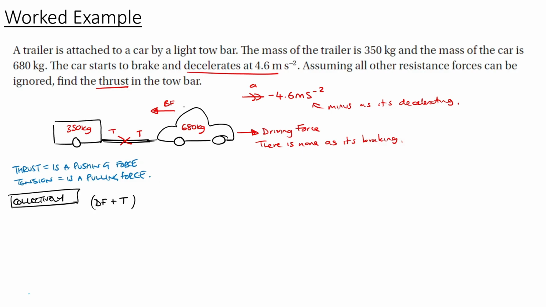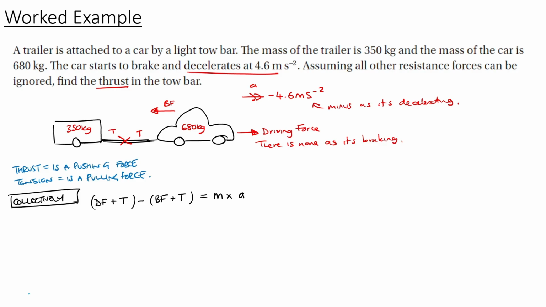So that's the force that's going with acceleration, minus the force that's going to the right, so the opposing force, which is going to be BF, minus T, plus T, and that's going to be equal to mass times acceleration.